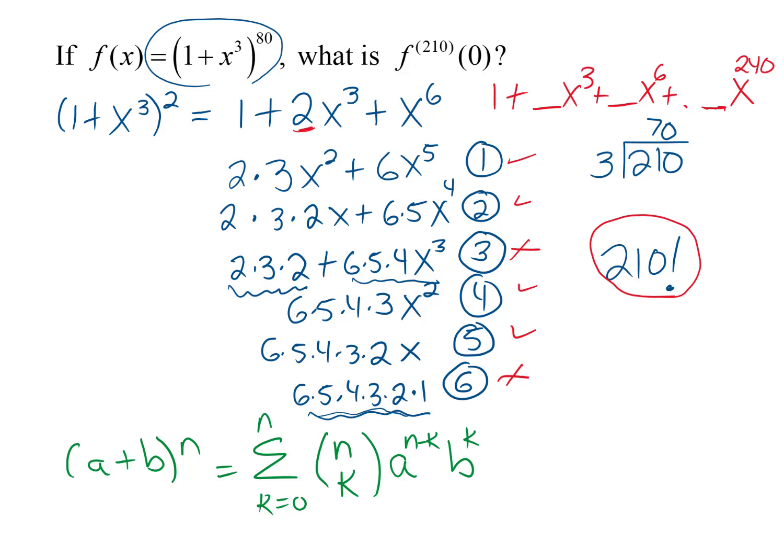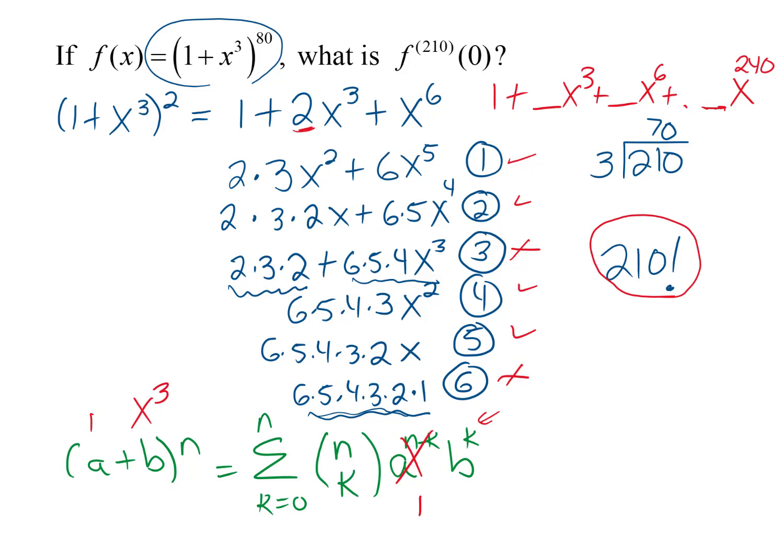Now in our particular case here, our a was 1, so this doesn't need to be here because that's 1. And then our b is x to the 3rd. And so that x to the 3rd will be multiplied by this k, whatever term we're on.